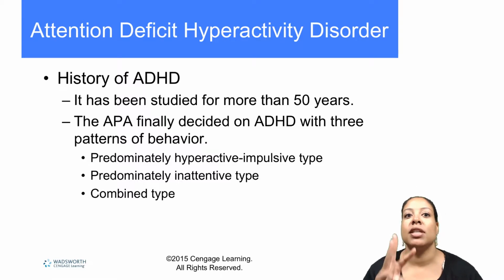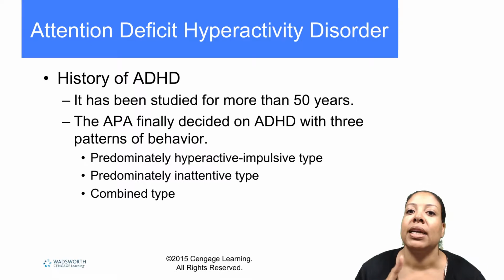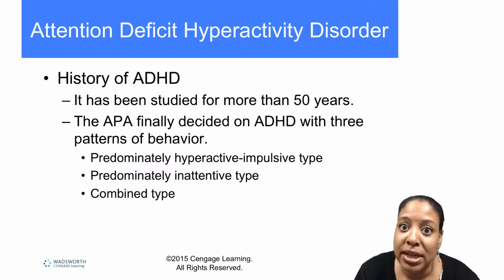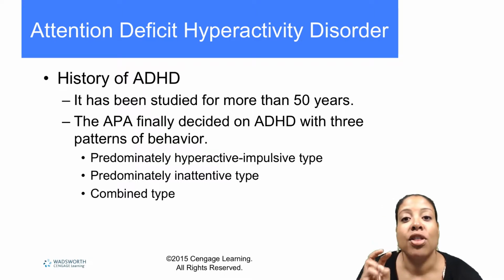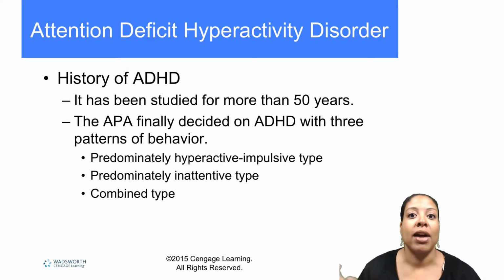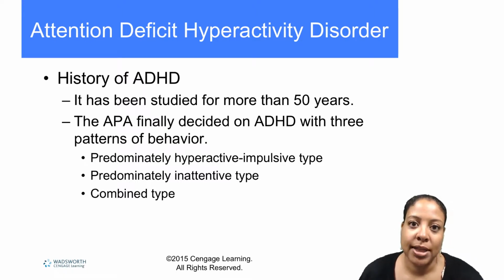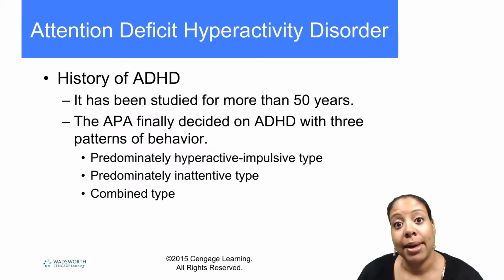So these 3 distinctions. 1, predominantly hyperactive impulsive type. The second one is predominantly inattentive type. And the third one is a combined type where you have elements of both previous categories. So those are the criteria for patterns of behavior to be established in order to get the ADHD diagnosis, according to APA.